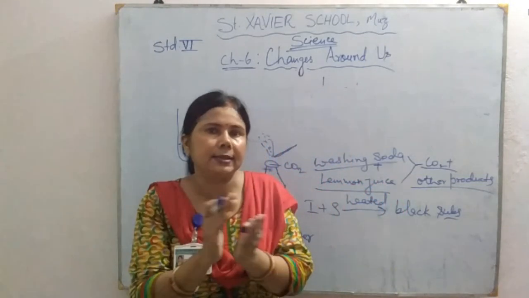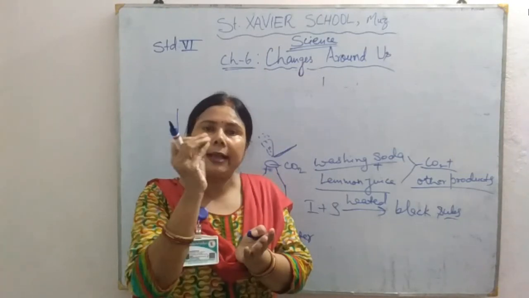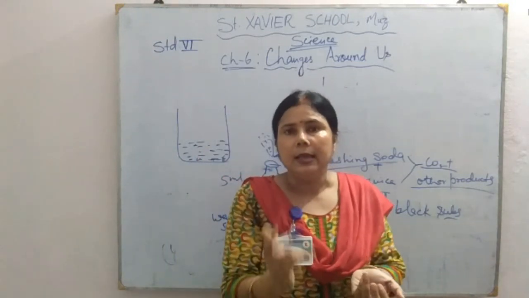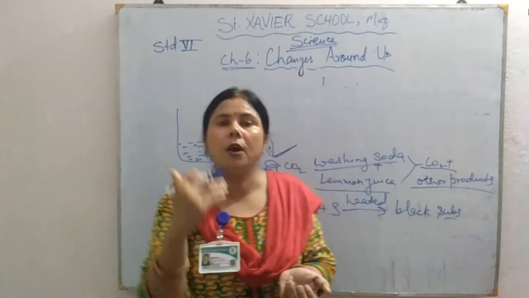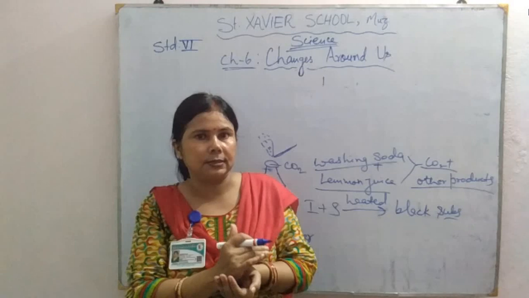Sometimes some chemical reactions require a substance which actually does not participate in the chemical reaction, but enables the reactants to react to form new substances, and that substance is a catalyst.